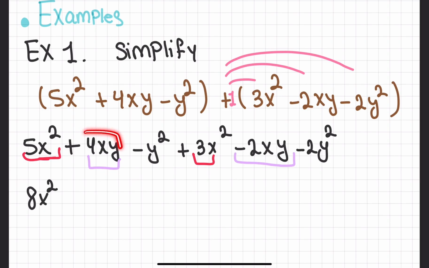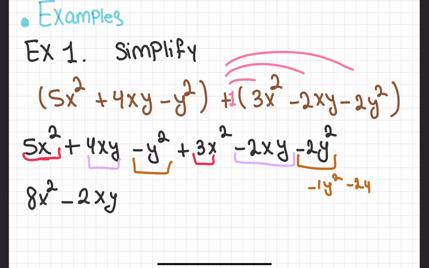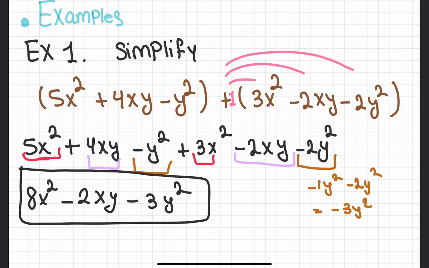So it's 4xy minus 2xy is negative 2xy. I have negative y squared, and I also have minus 2y squared. So it's negative 1y squared minus 2y squared is negative 3y squared. And this is our answer here.